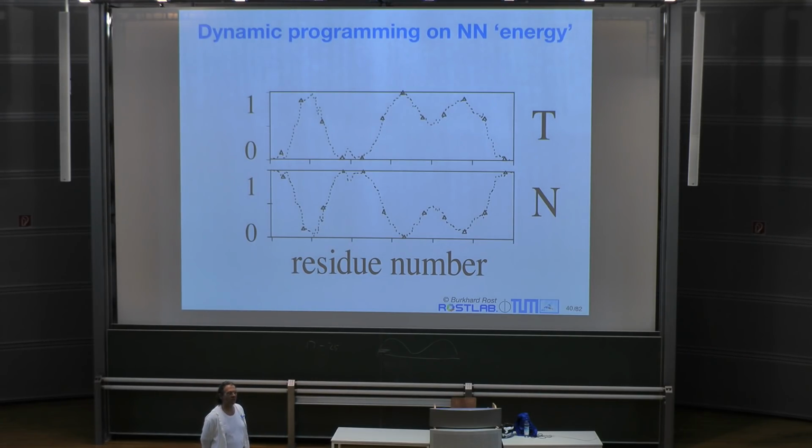I take all possible segments between 17 and 25. I take all possible lines of 17, all possible lines of 18, and so forth, all possible lines between 17 and 25.